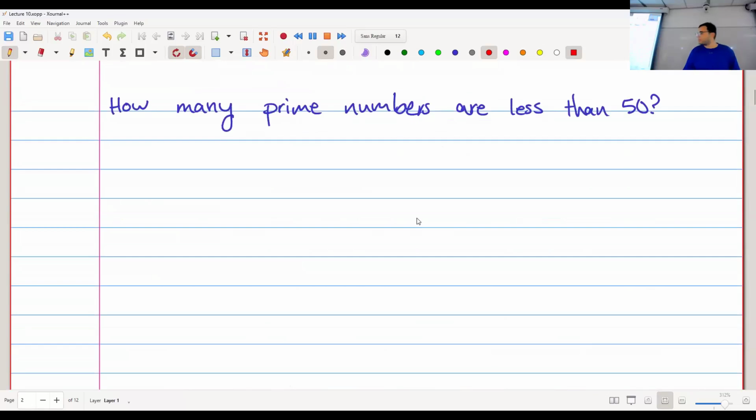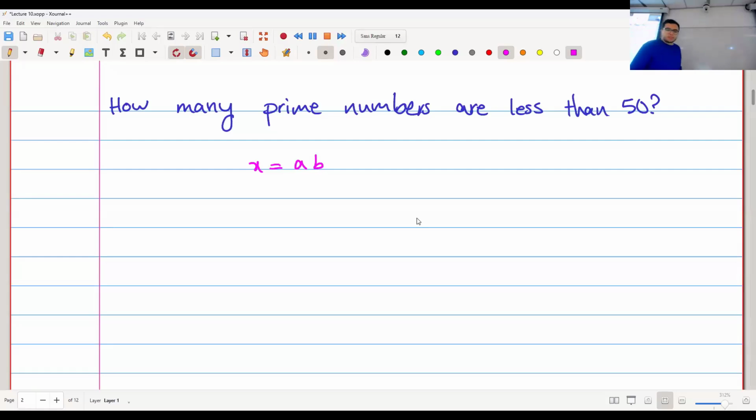But before that, I want to give you just some more examples of using inclusion-exclusion. So let's say I ask you how many prime numbers are there less than 50. Now, if this is an easy problem, you can just write a program to find it. But let's say I want to find it by hand. So here's the thing. If I have a number x, and this number is actually not a prime, then I can write x as a times b, where both of these a and b are different than 1 and x.